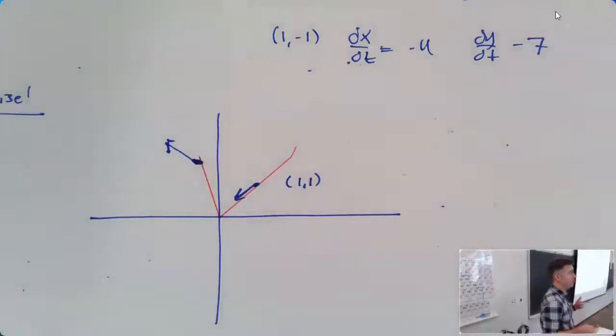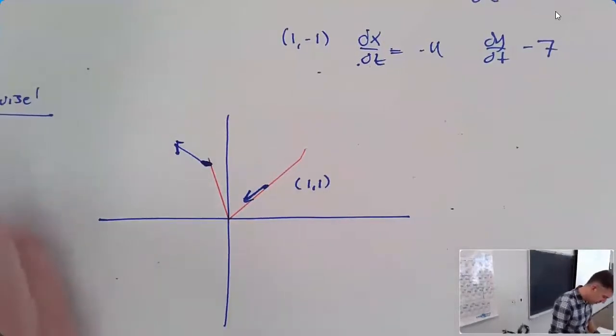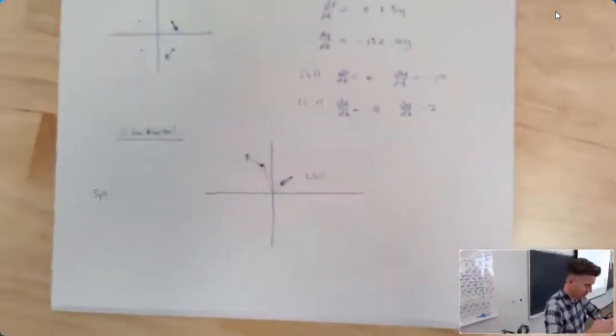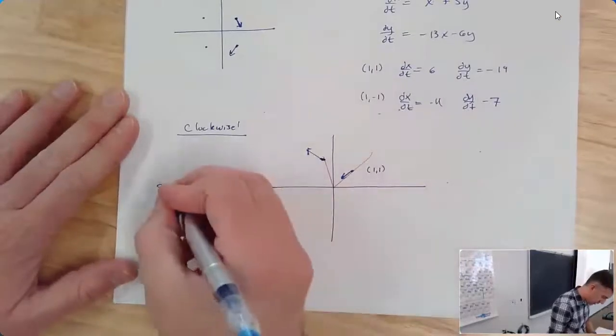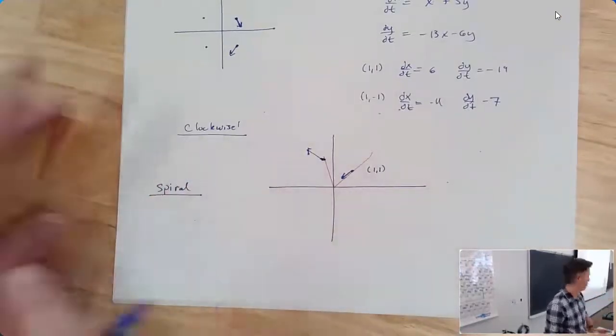Now, what I will also say is that you should draw it every time so the person grading your work can see that you know what you're doing, like on the test. But it's worth recognizing that when you have a spiral, there are two things that are going to be true.